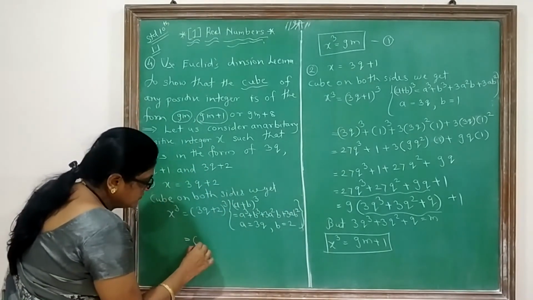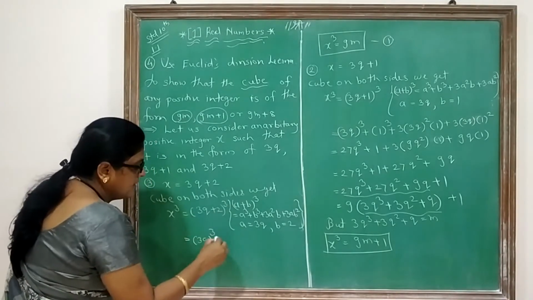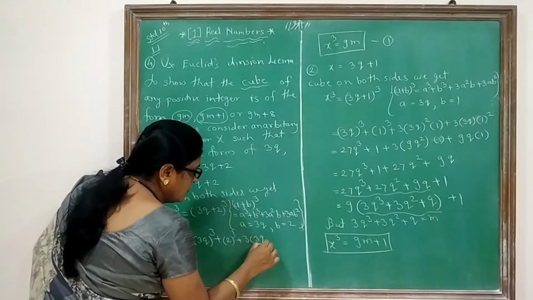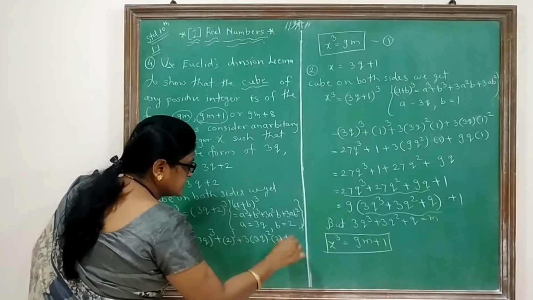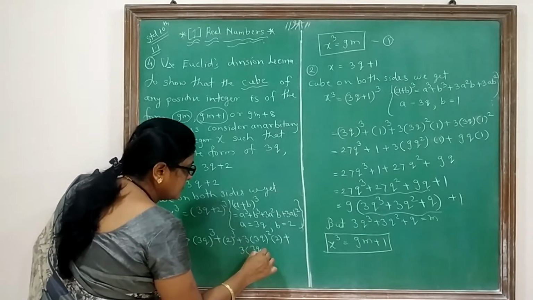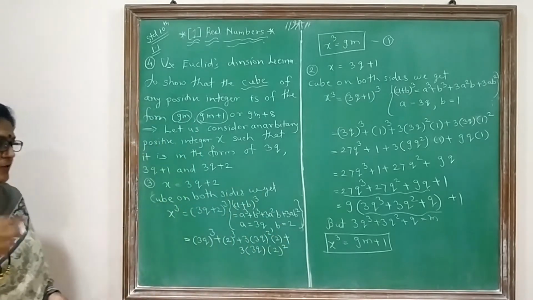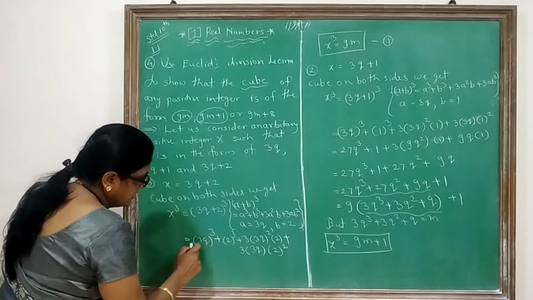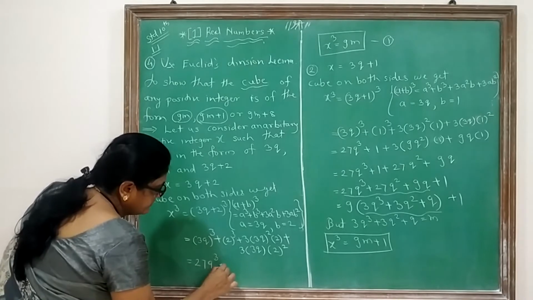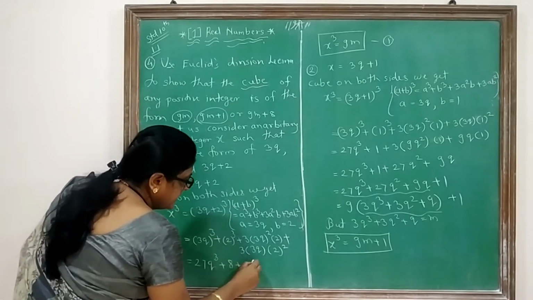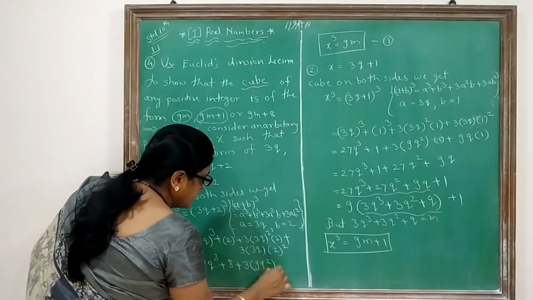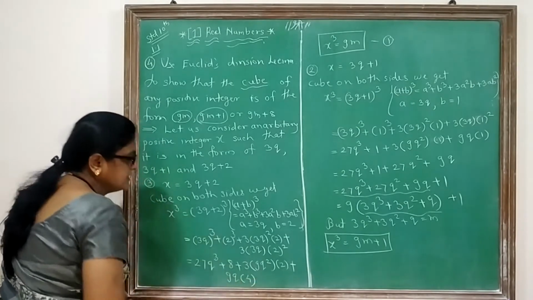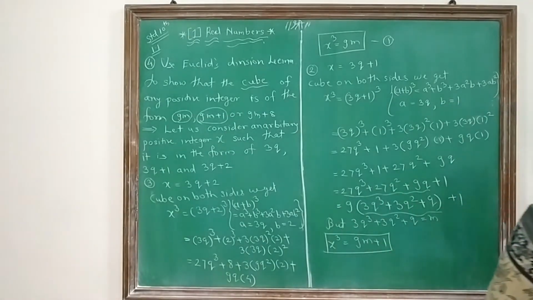Then a cube, that is 3q whole bracket cube, plus b cube, that is 2 cube, plus 3a square, that is 3q whole bracket square, and b means 2, plus 3ab square, that is 3q and b square means 2 square. Put only the values and then solve. Then it equals 3 cube, that is 27q cube, plus 8, plus 3 into 3 square is 9q square into 2, plus 3 times 3 is 9q into 2 square, which is 4.